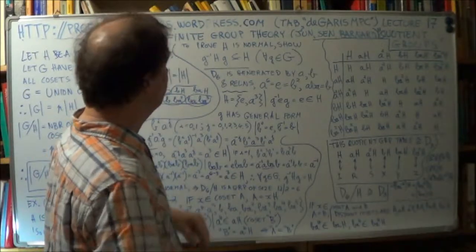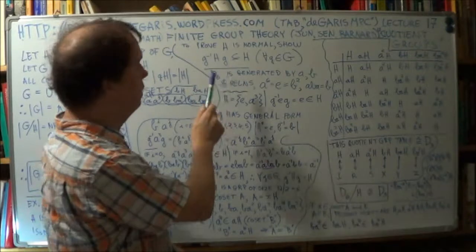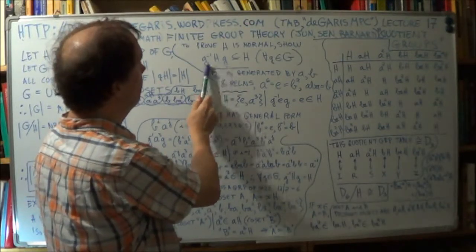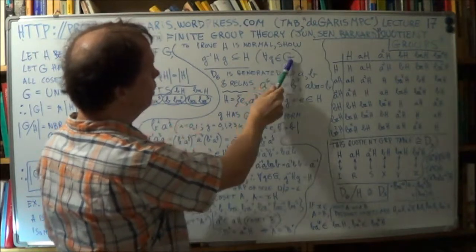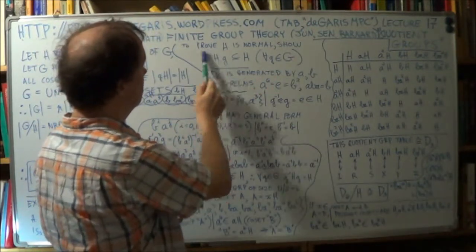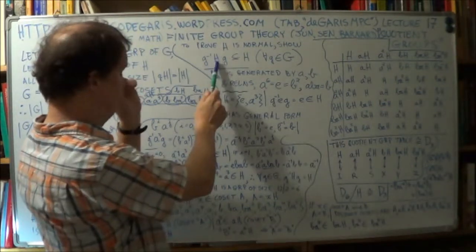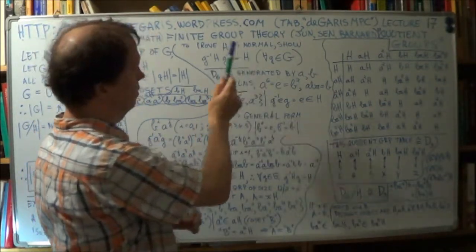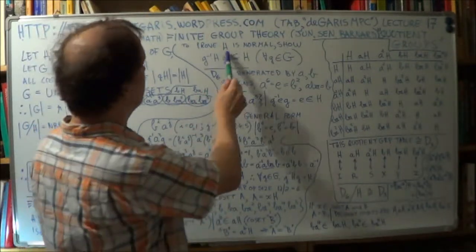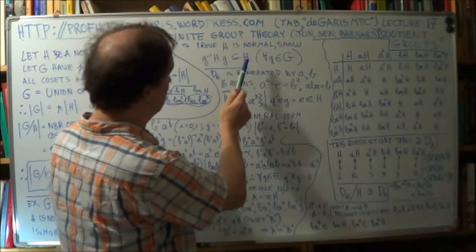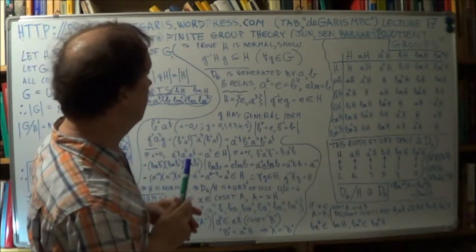We have to show for all members of your group, big G, for any little g, any member of your group, that for each member of your subgroup, the result of this belongs to the subgroup, in a sense closed.